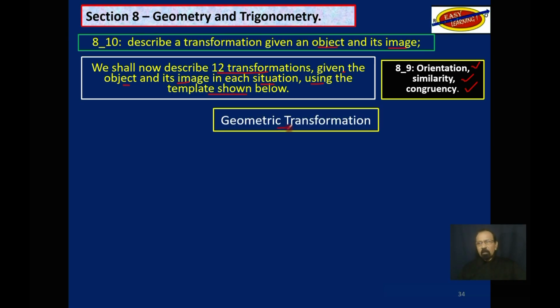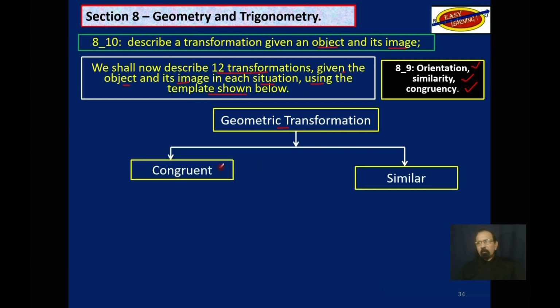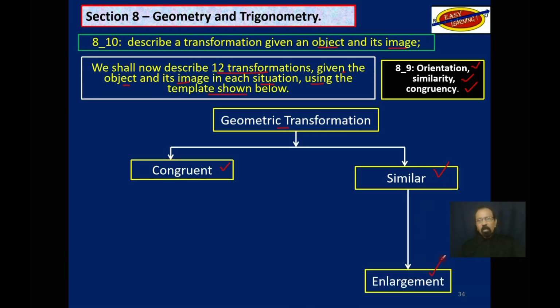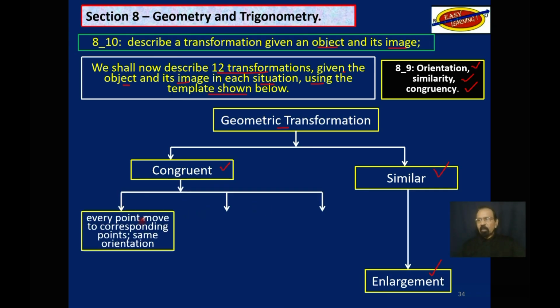So this is a roadmap we shall follow. Geometric transformation. First of all, is the image congruent with the object? Or is it more than that? Is it similar? If it is similar, we can conclude enlargement. If it is congruent, then we have to make a choice among these three.